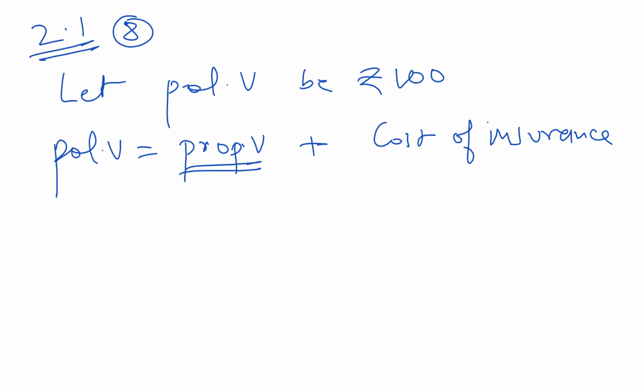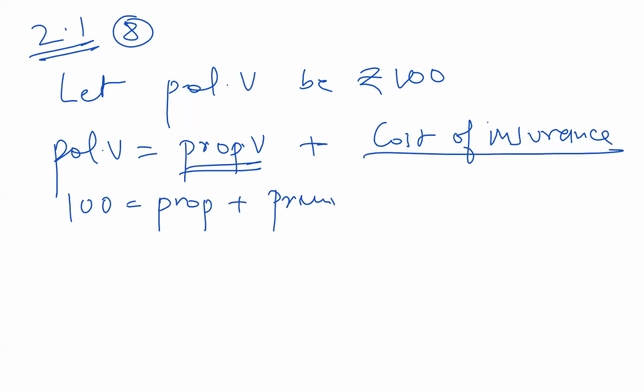What comes under cost of insurance? What is the cost of insurance for the customer? Okay, so the cost of insurance is nothing but premium, some taxes or whatever it is, some other expenses. So 100 is equal to property value plus cost of insurance, that is premium plus other expenses.